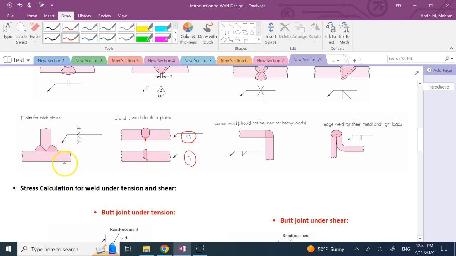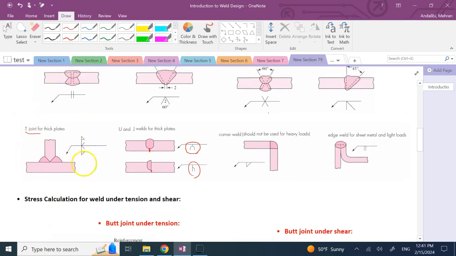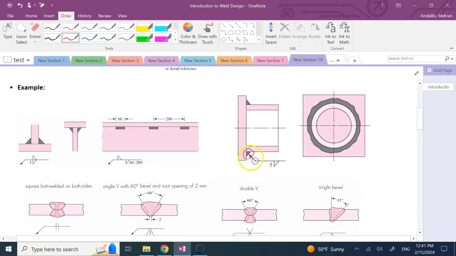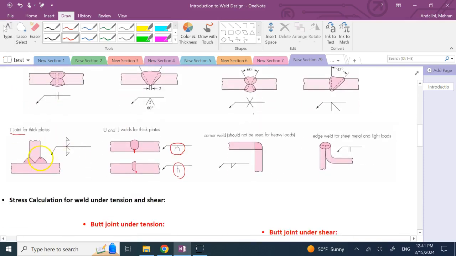Or if it's a T section, a T joint for thick plates, then instead of just having a simple fillet weld like that, you cut this part that was straight, you cut these two areas, and you basically with this profile show that you have grooves in the part.